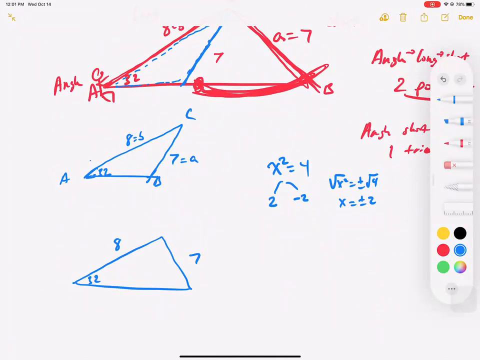And our second version is going to be a really fat angle over here, 32, 8, and 7. A, little a, B, little b, C, little c, and A, little a, B, little b, C, little c. Okay, so the second triangle is going to be a little more tight when it comes to us writing numbers.